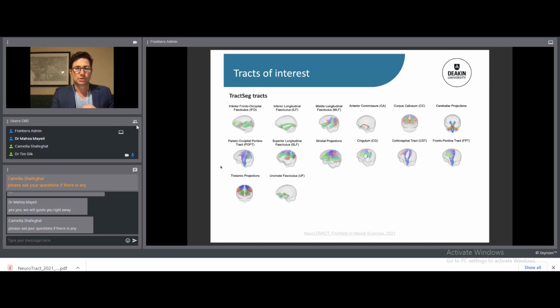We took an approach to selecting our tracks, and this is a fairly recent program as well called TractSeg, which uses machine learning to generate consistent, reliable tracks across the brain. It's really quite nice. So these are the tracks that we used. It's a collection of association fibres, projection fibres, and, what am I missing? Callosal fibres as well. Next slide, please.